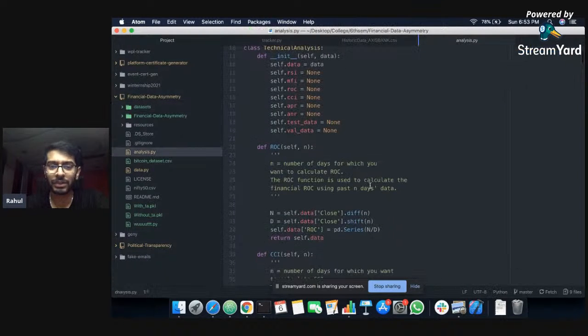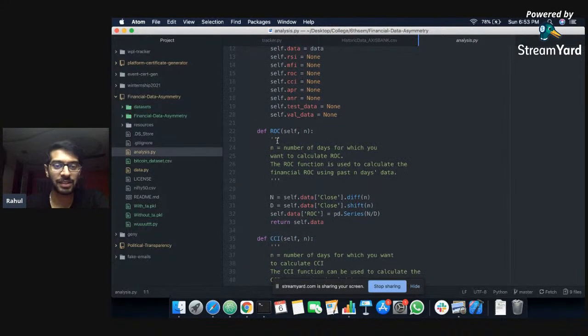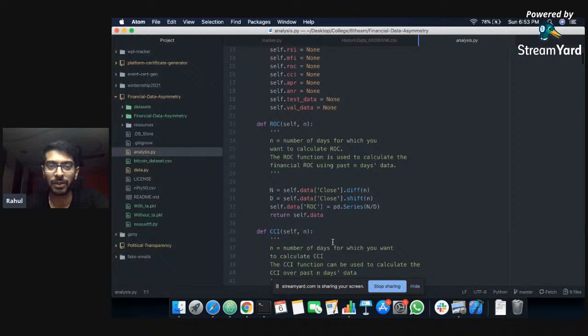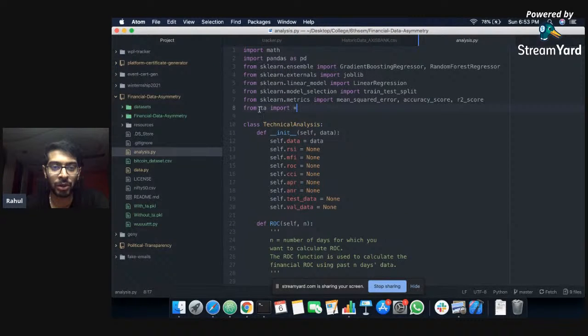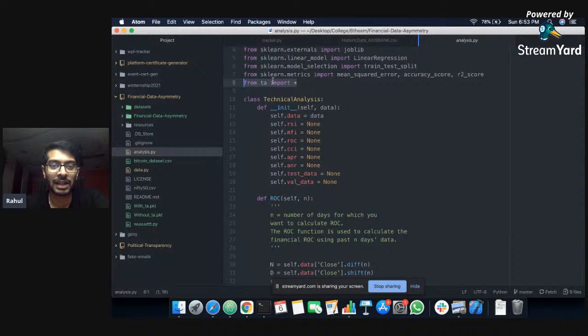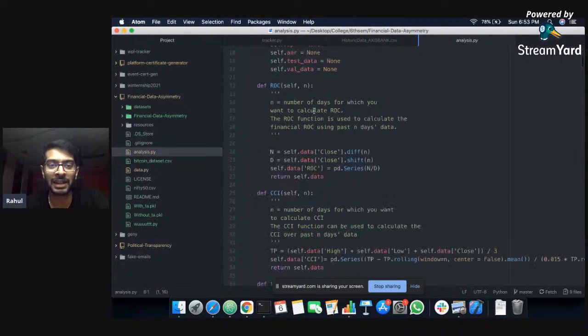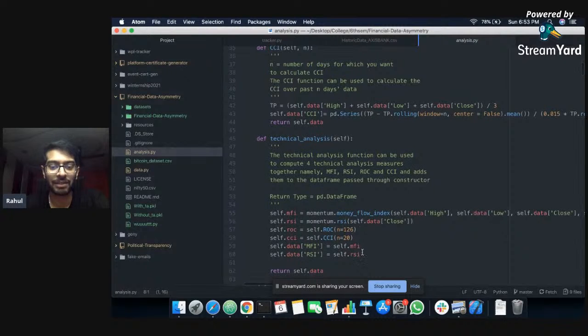All these functions that you see, we've taken from the internet. We're also using a module called TA, which stands for technical analysis, to perform the technical analysis aspect. And finally, we're combining all of them together over here.